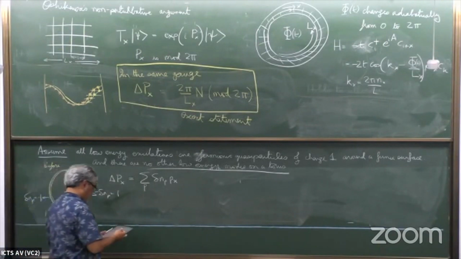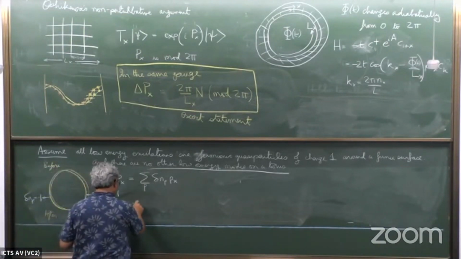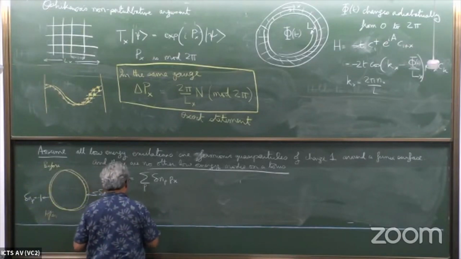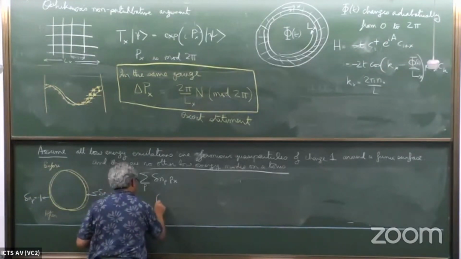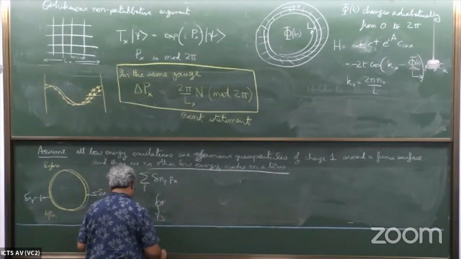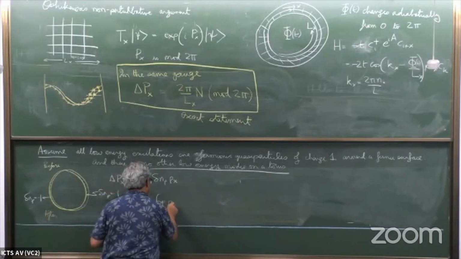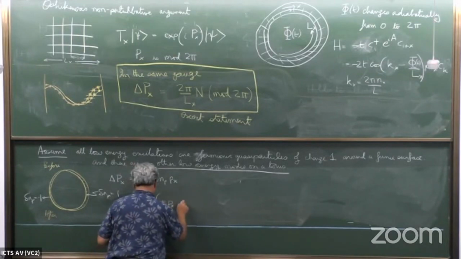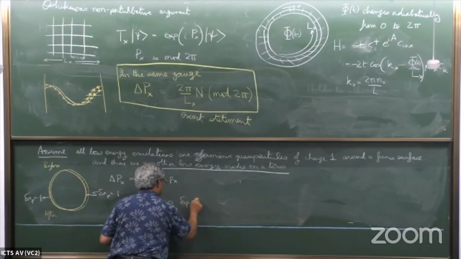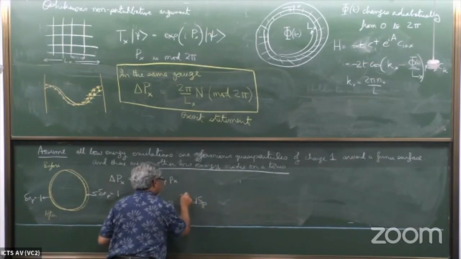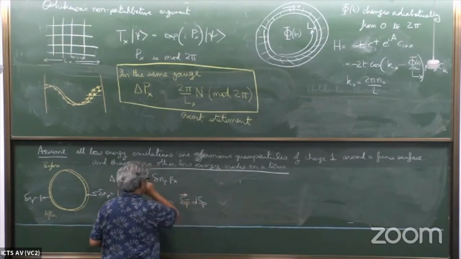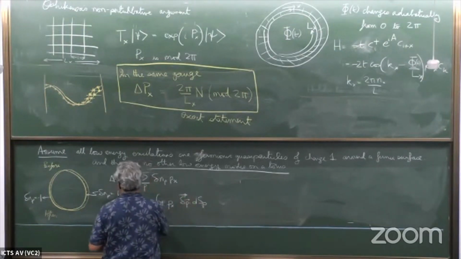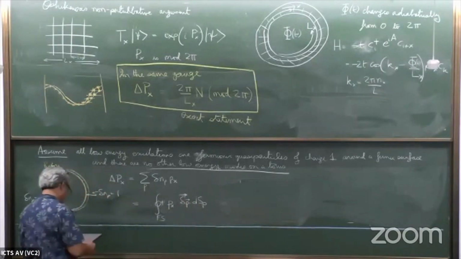Okay, so now you can see that this is equal to an integral around the Fermi surface, a surface integral of px times delta p dot dsp, where delta p is, what is delta p here?